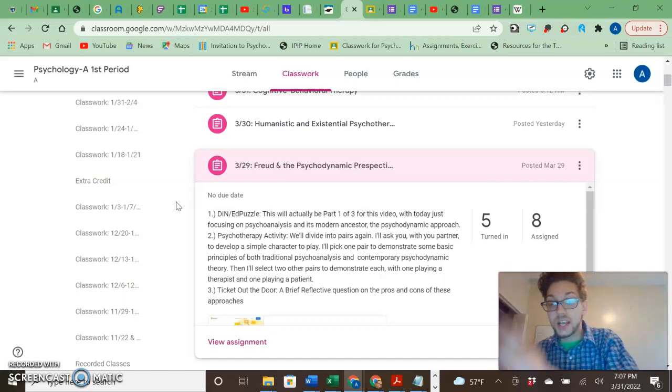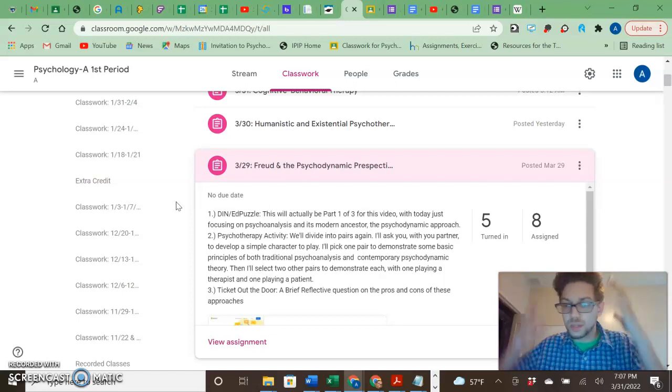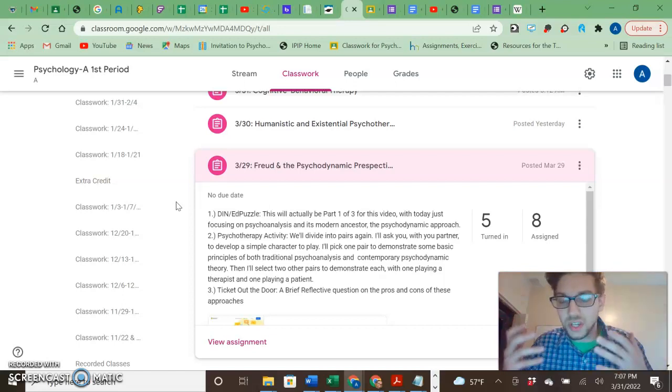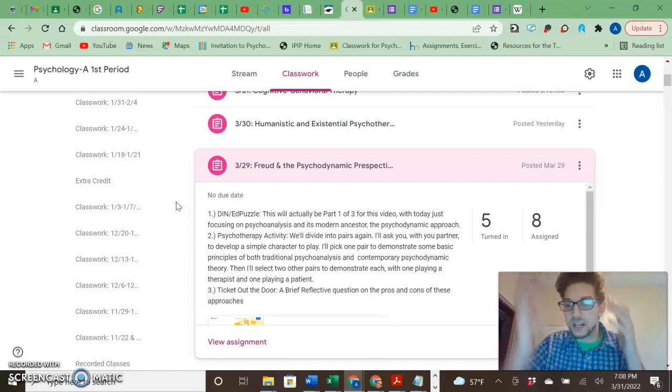Nowadays, we do more of a psychodynamic approach, and it's called psychodynamic because the idea is you have more complex elements of your mind, more than just the id, the ego, and the superego, but other biases and preconceived notions and physical reactions and all kinds of mental things that are interacting in a complex way. And so you need the therapist to untangle this complexity for you. And two, because it is a little bit more personal than psychoanalytic.